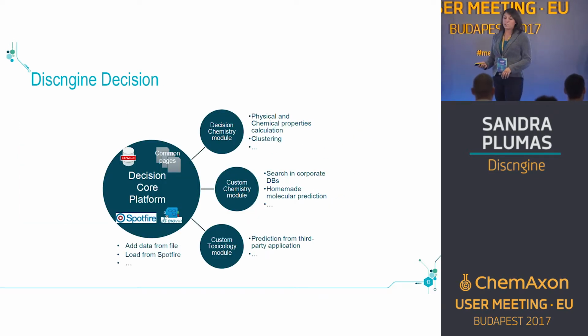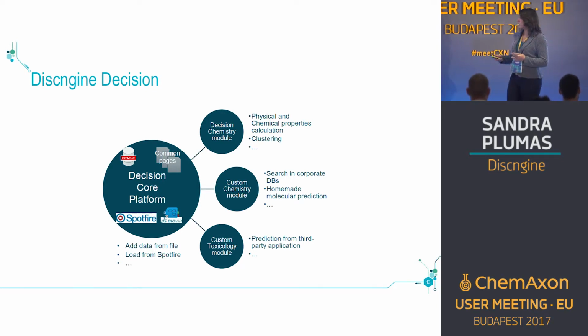So Discngine Decision was developed as a core platform, so it means that it contains basic elements to be functional: a data model, pipeline pilot components collection, a web panel to integrate web pages in TIBCO Spotfire, and common pages such as the administration pages, basic report page. So with the core platform, different features are available for the user.